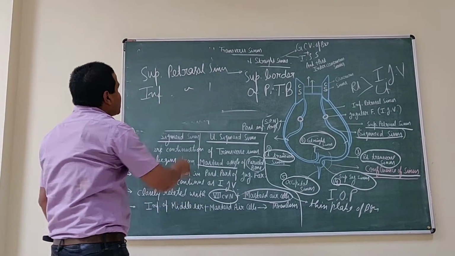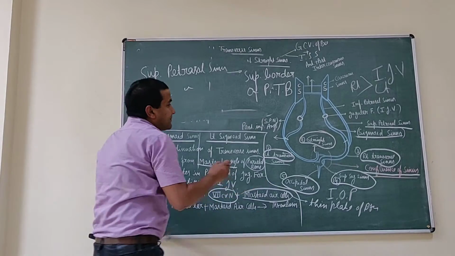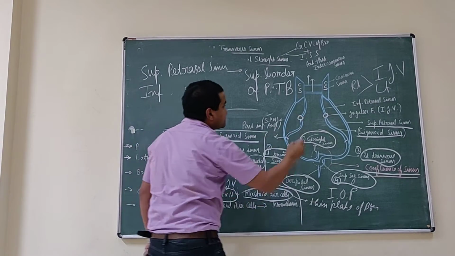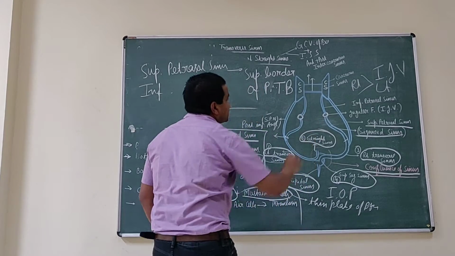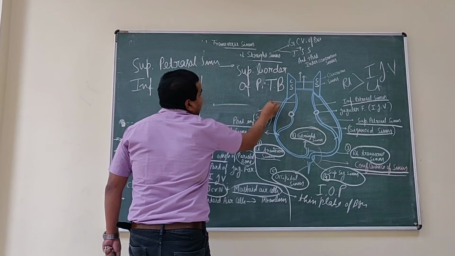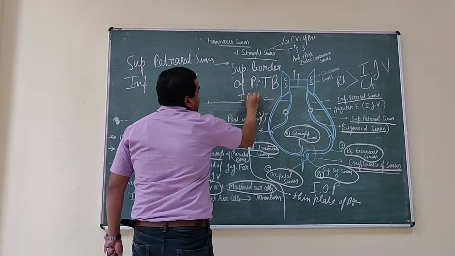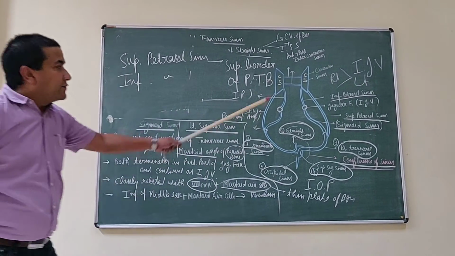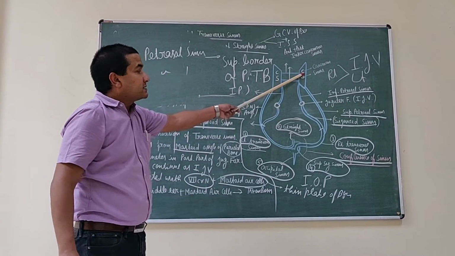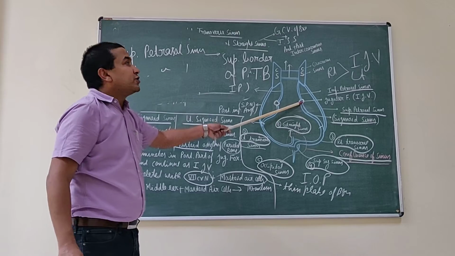Now the inferior petrosal sinus. In this diagram, sorry, this is the inferior petrosal sinus. It connects the cavernous sinus with the internal jugular vein.